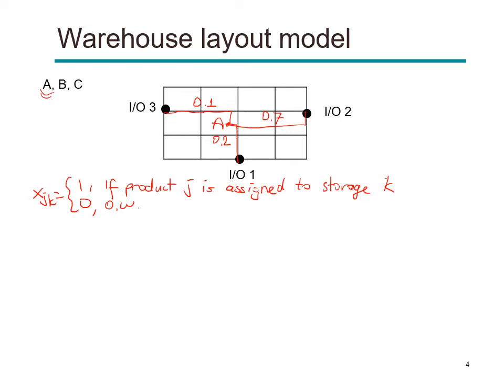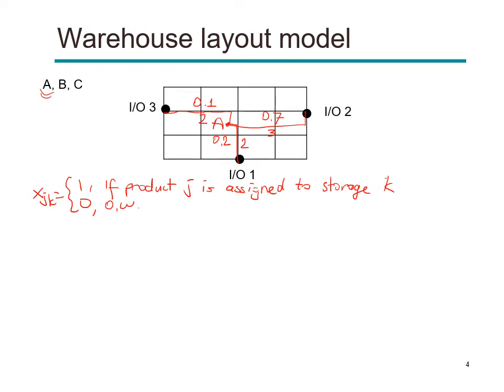And we know the distances, right? Let's say that the distance here is 2. The distance here is 3. And the distance here is 2 again.